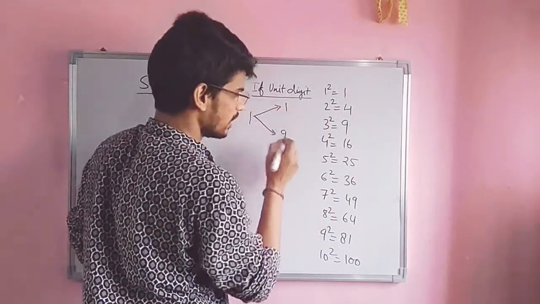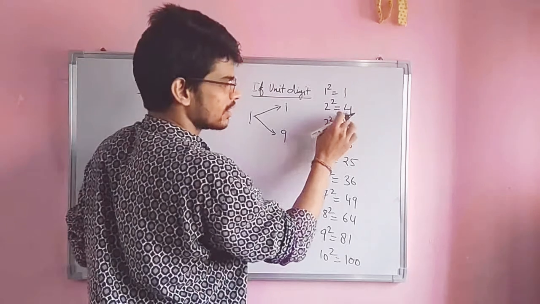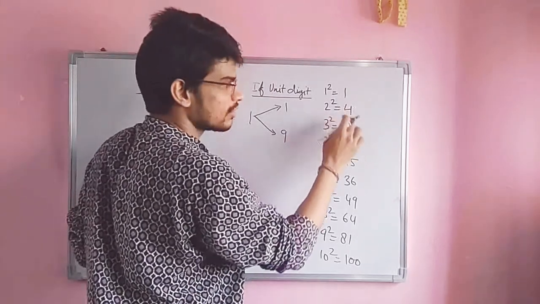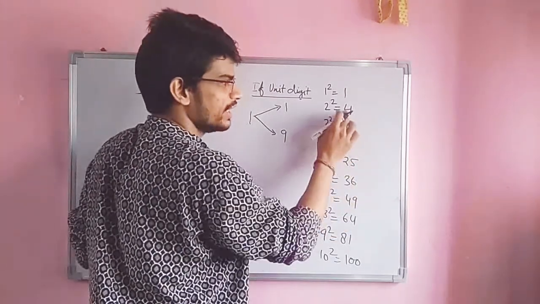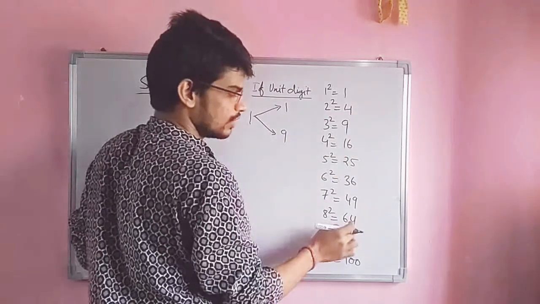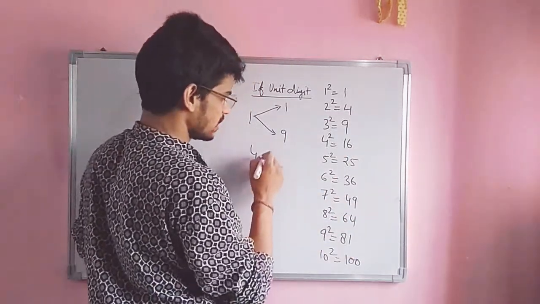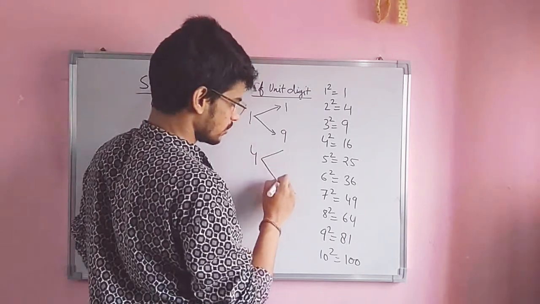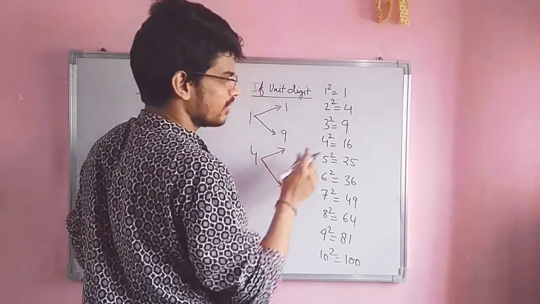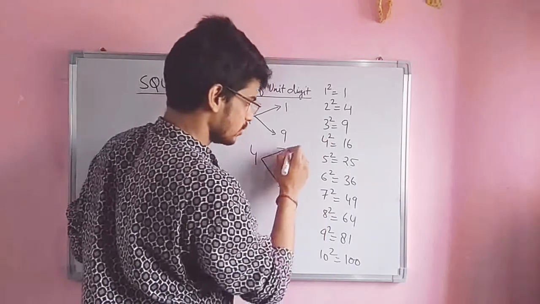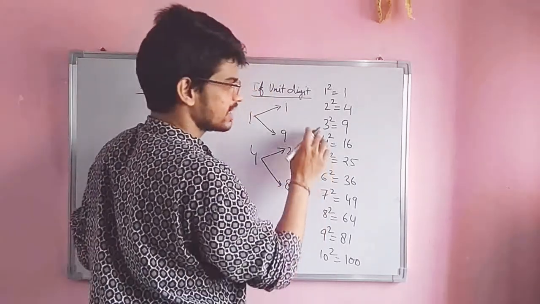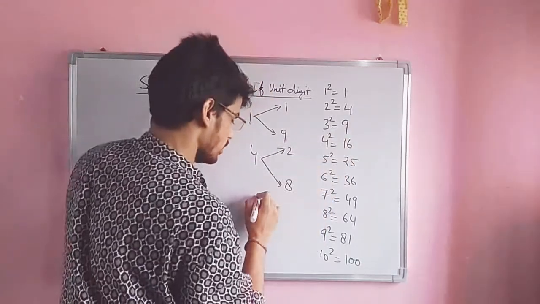Next, if the square of any number is ending on 4, that means the unit digit is 4, then we can say its square root can end in either 2 or 8. Next is 9.